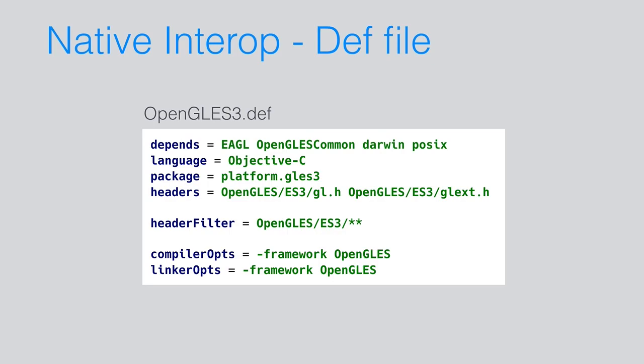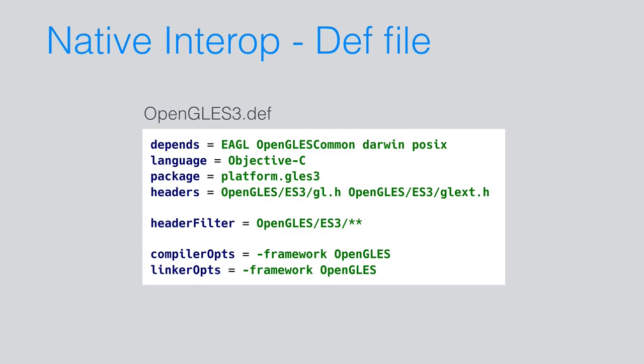The package is the output, because in the Java and Kotlin world we work in packages, namespaces, whereas C and C++ kind of do, but not C and Objective-C. So you just give it a package to output to, and then give it some compiler and linker options. And that's it. That's the entire def file.